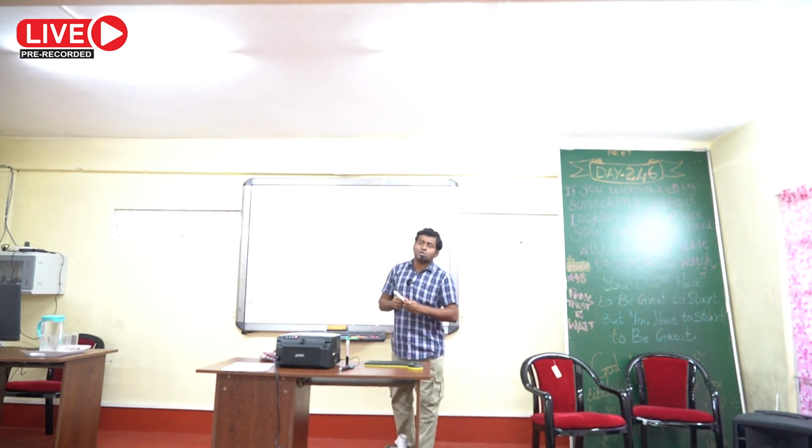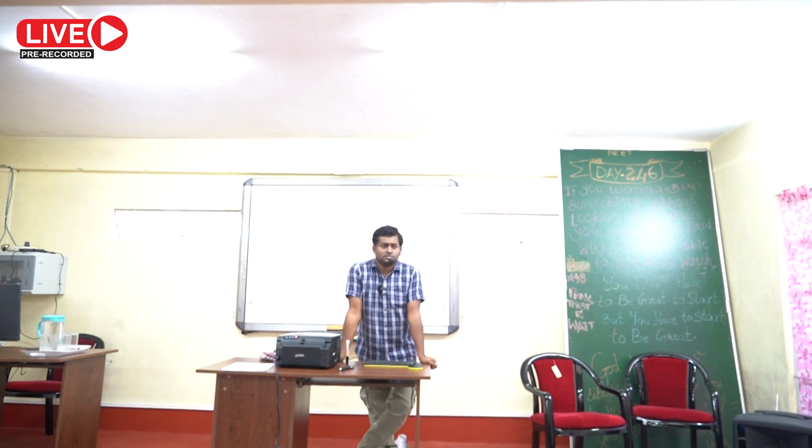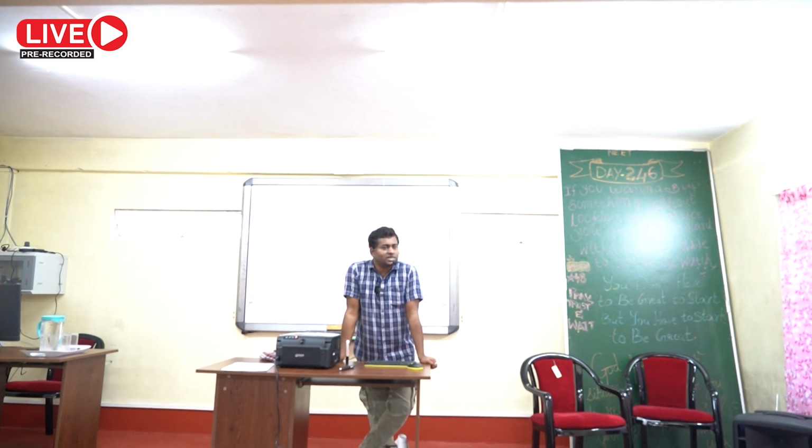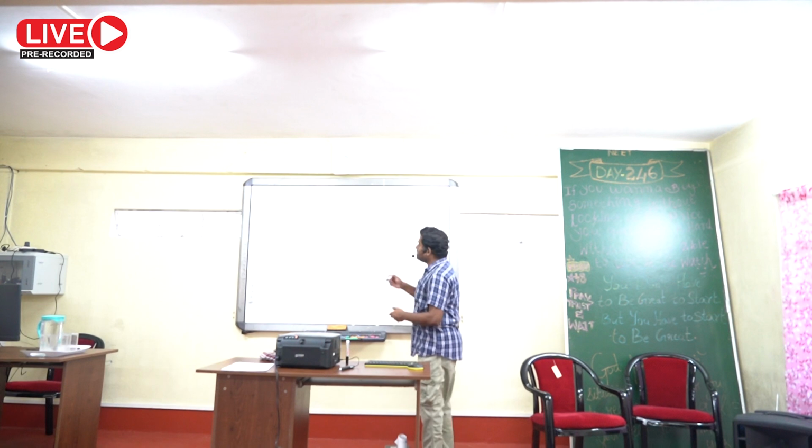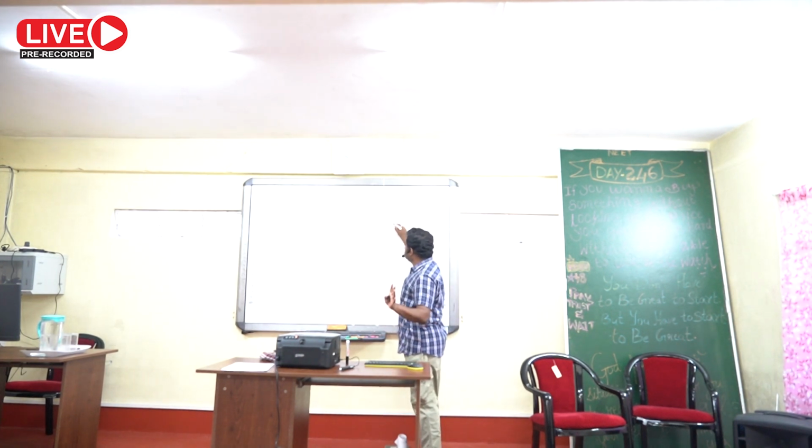So what is the difference of frequency? Delta omega. Suppose omega is 512 and delta omega is 3. So omega 1 will become 515 Hz and omega 2 will be 512 Hz.